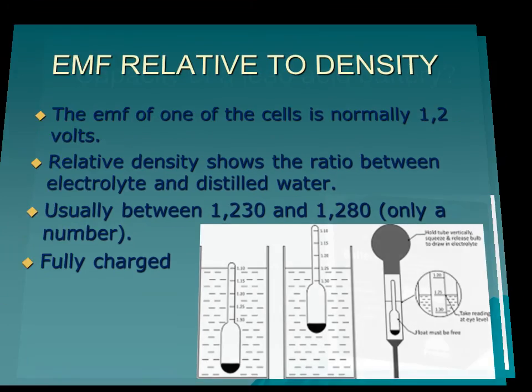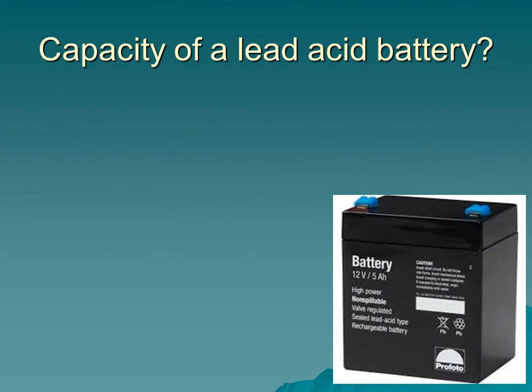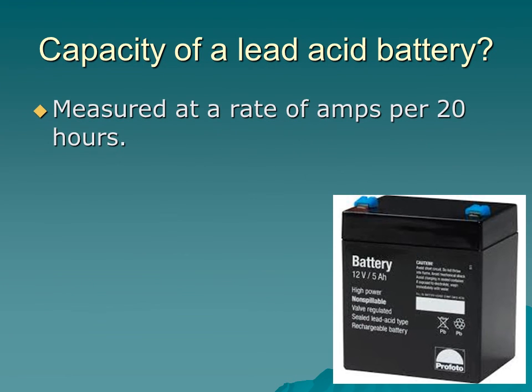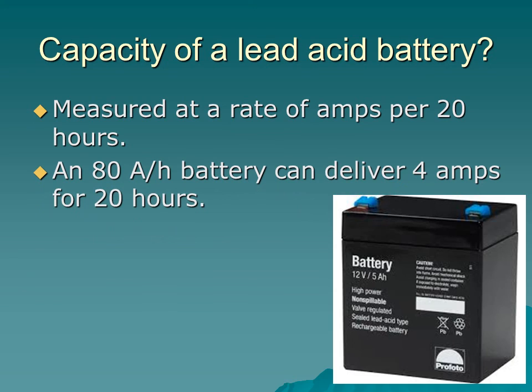What is meant by the capacity of a lead acid battery? The capacity is measured at a rate of how many amps it can deliver per 20 hours. Therefore, an 80 amp hour battery can deliver 4 amps for 20 hours, seeing that 20 goes into 80 4 times.